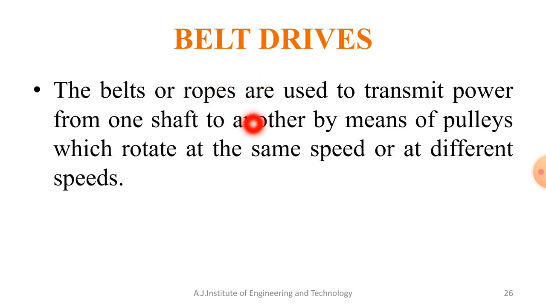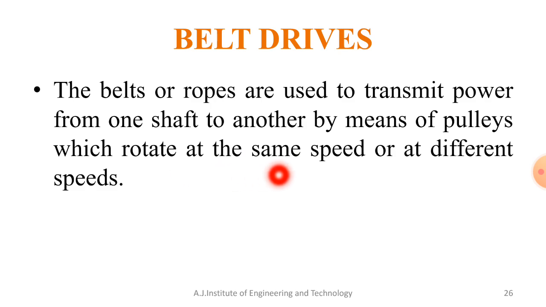For belt or rope, you can use either belts or ropes to transmit the power from one shaft to another shaft by means of pulleys. Pulleys are a very important thing here.